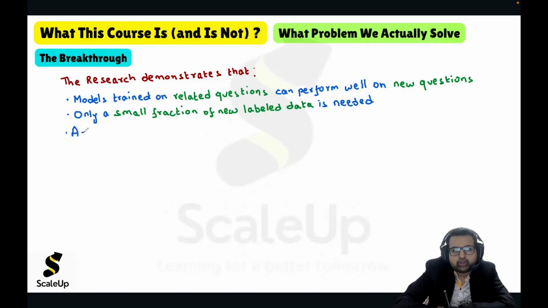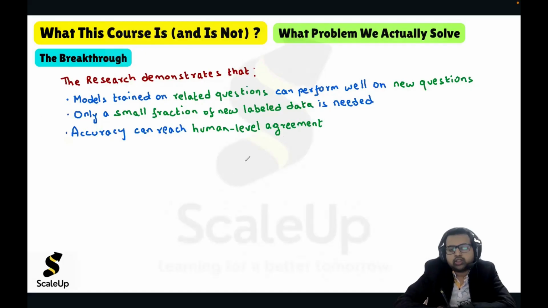And the most important point, according to the research, is that accuracy can reach human-level agreement. This is very, very big, because research has demonstrated that if we build an AI-powered grading system for short response questions and train the model on near domain data, we can reach human-level accuracy.